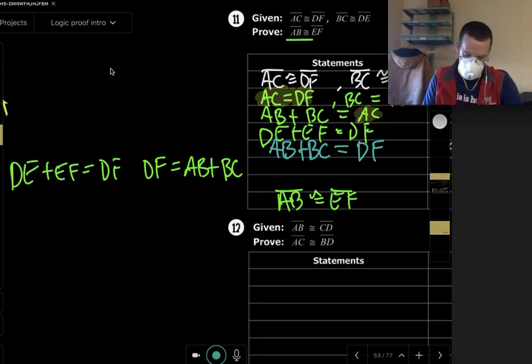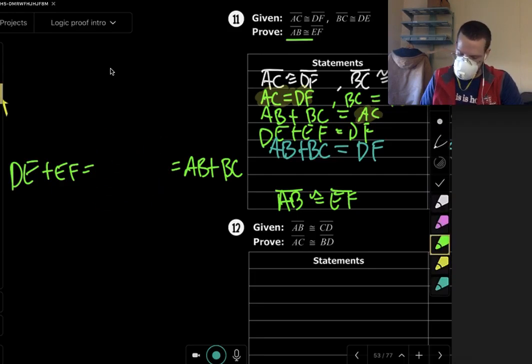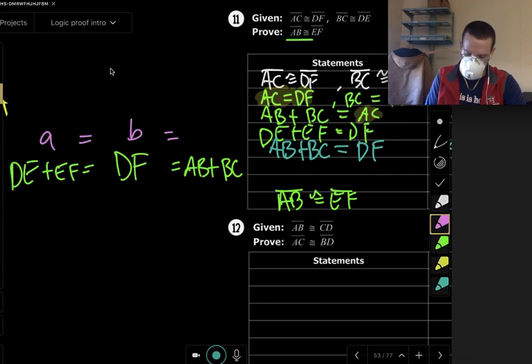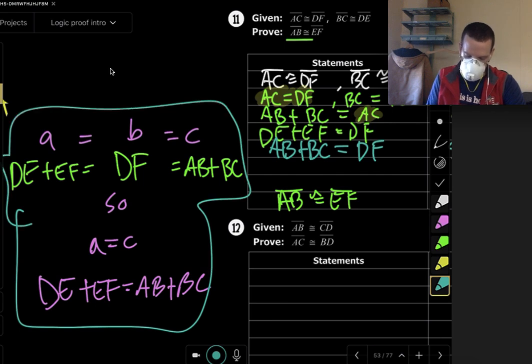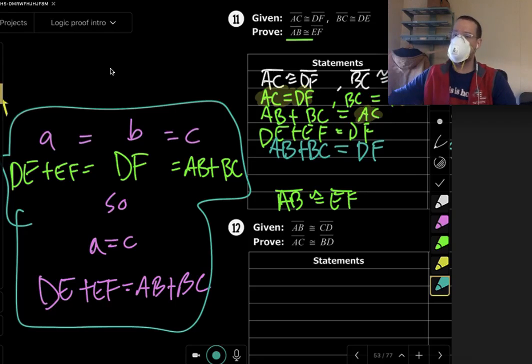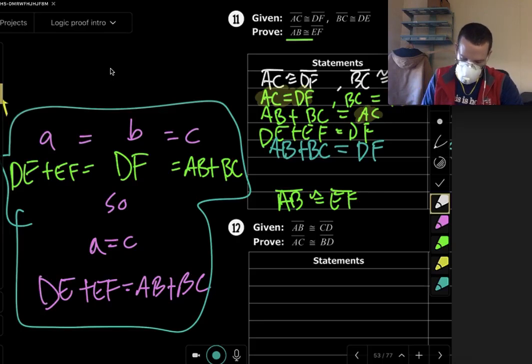Notice, if I just get rid of these DFs, because they're the same thing, I have A is equal to B is equal to C, so A is equal to C. And so we have DE plus EF is equal to AB plus BC, and that is how we use the transitive property. We're using it to link these things. So whenever I have one thing that is equal to two other things, I know that those two other things are equal to each other. And so I'm going to plug this back into here and use that transitive property.